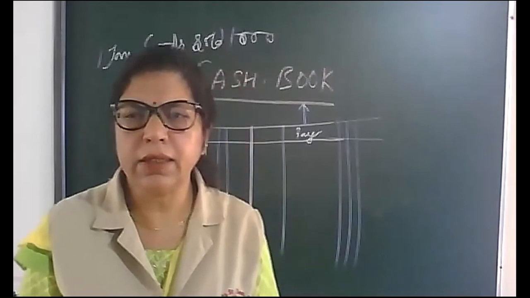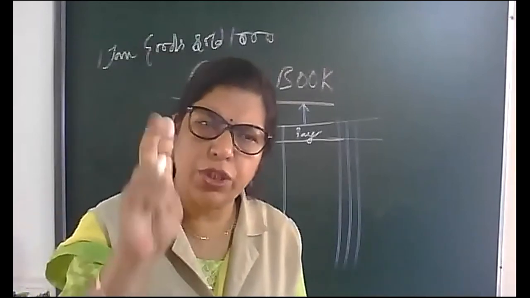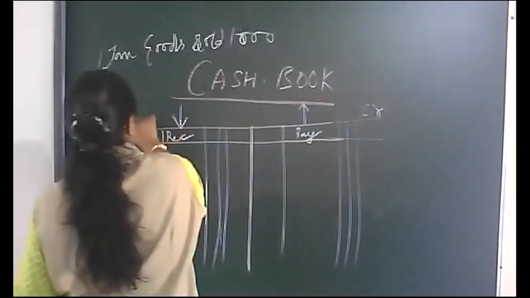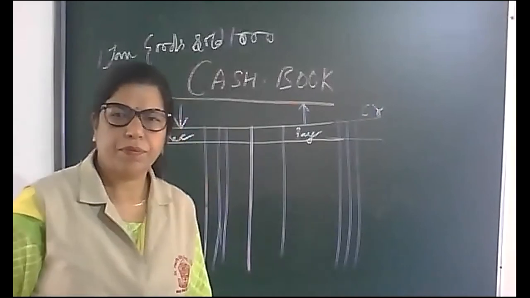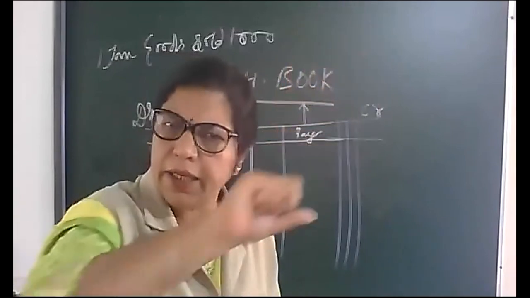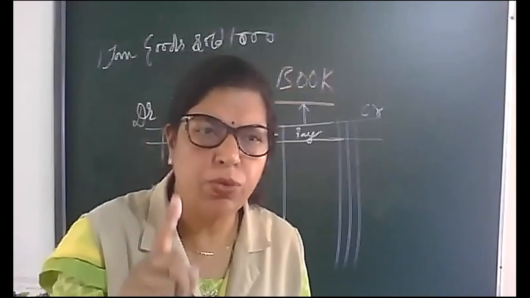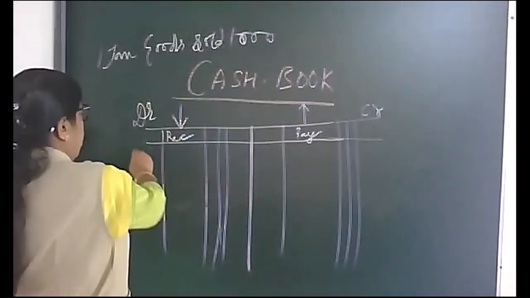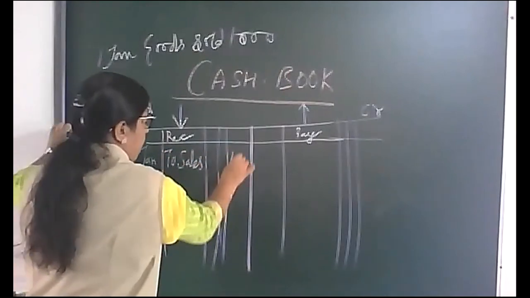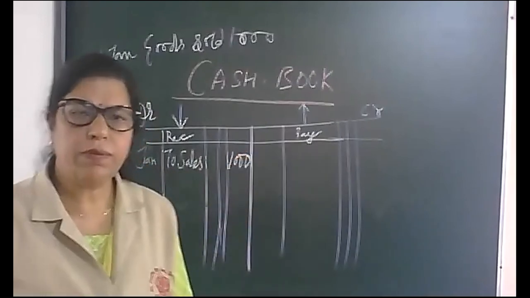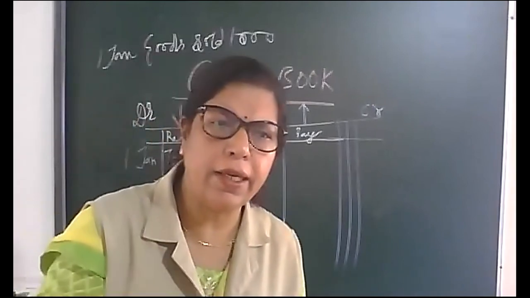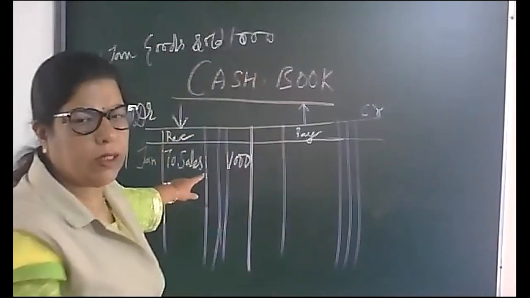Where to enter this transaction, because the cash book has two sides, one is debit, another is credit. Goods sold means the businessman is selling goods and getting payment. So the amount received, where to enter? 1st January, 1000. Why? Because after selling goods, he is getting an amount. That's why it is here.